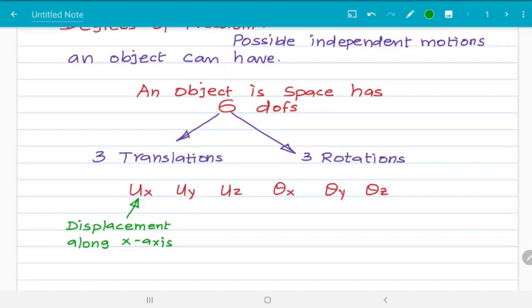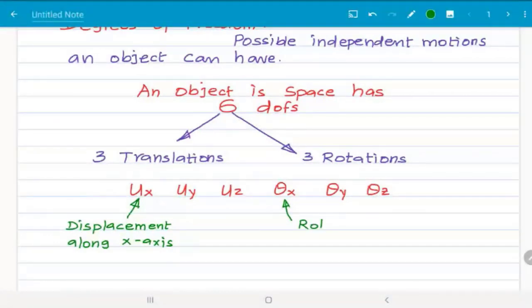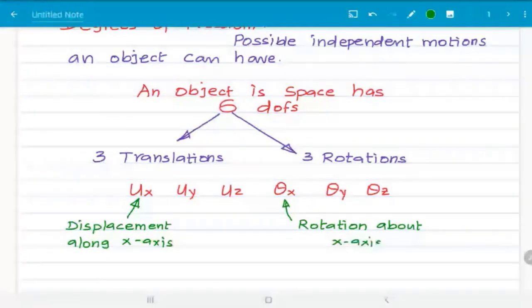Here, theta x means rotation about x-axis.